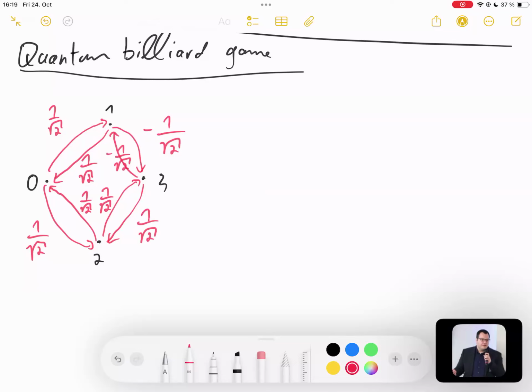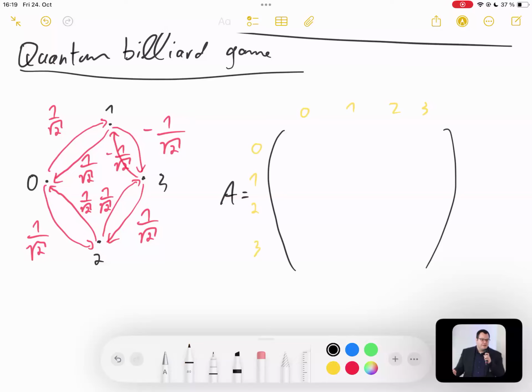We can also write this out as a matrix, and we can say this is matrix A. It's again a 4 times 4 matrix.